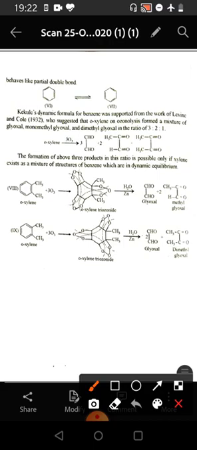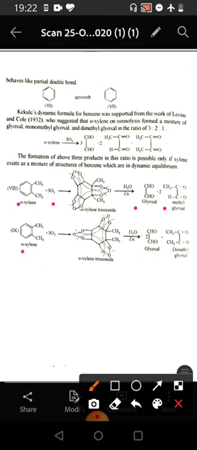Supposing we take the structure in which the double bond is between the two carbon atoms bearing methyl groups, then this structure on ozonolysis forms one molecule of glyoxal and two molecules of methyl glyoxal.